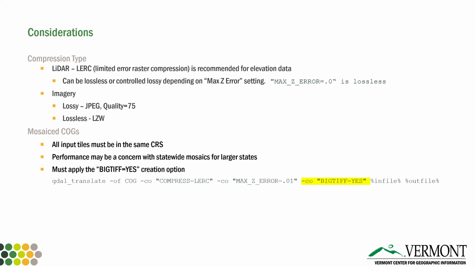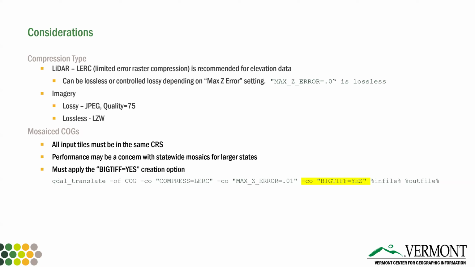But it should be noted that when you COG a GeoTIFF, if you have a lossless compression, it will get bigger because it has those tiles and overviews embedded into it. If you choose a lossy compression, it will be reduced in size and still have those tiles and overviews built in. So again, it depends on the user needs and trying to meet those specific use cases.